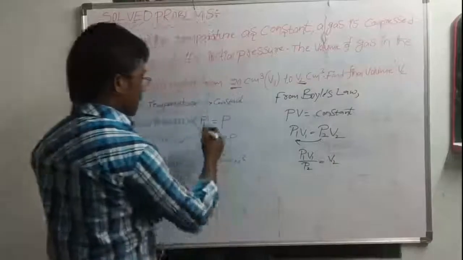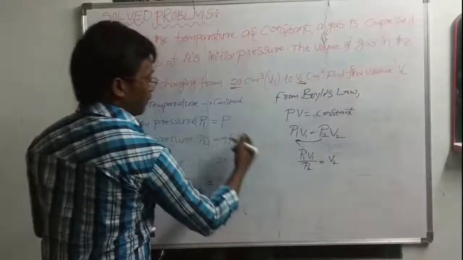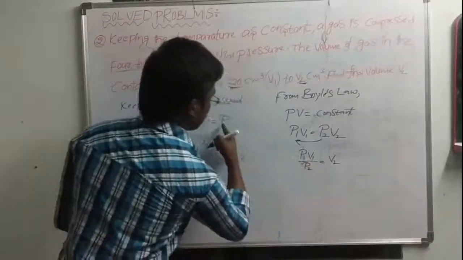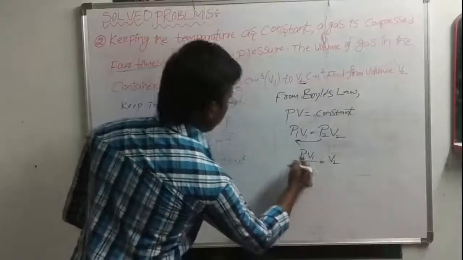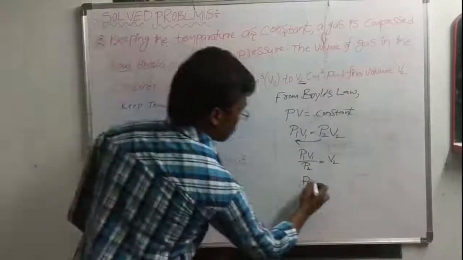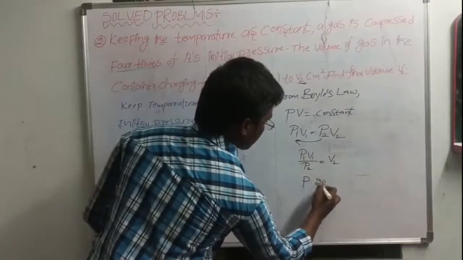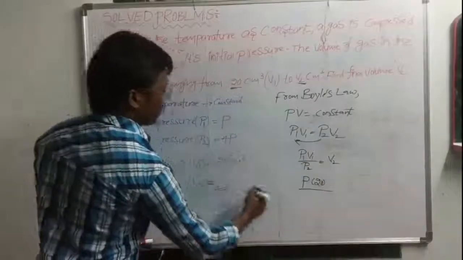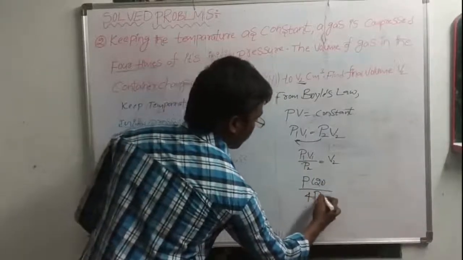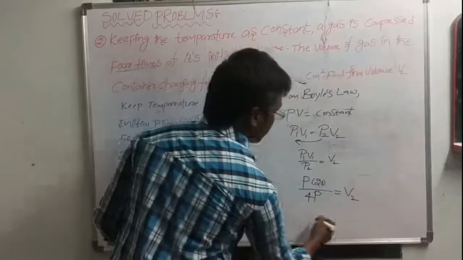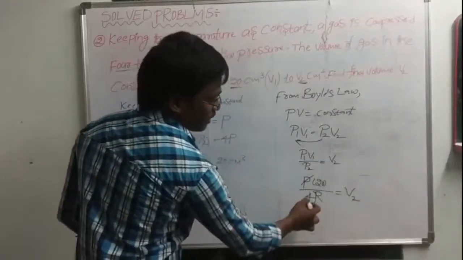So please substitute all the values. P1 value P. V1 in place of V1 what do you have to substitute? 20, by P2 value 4P, is equal to V2. So here P cancelled.